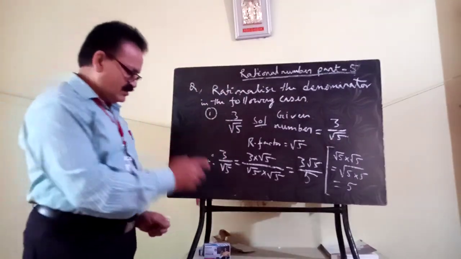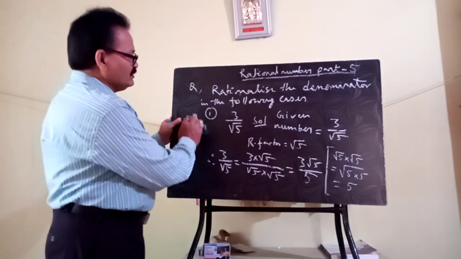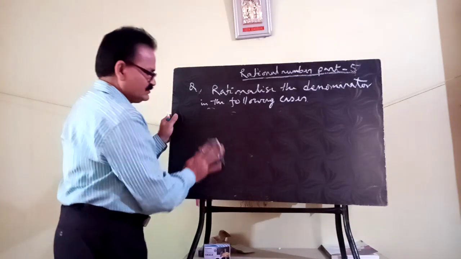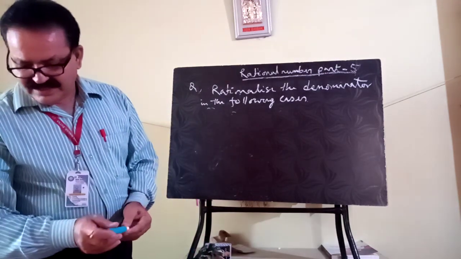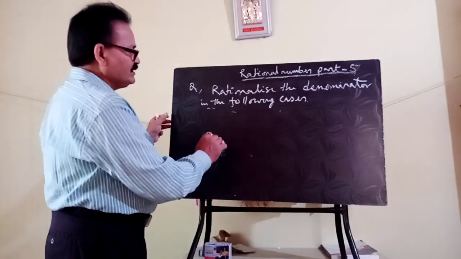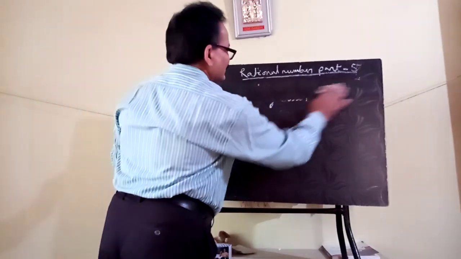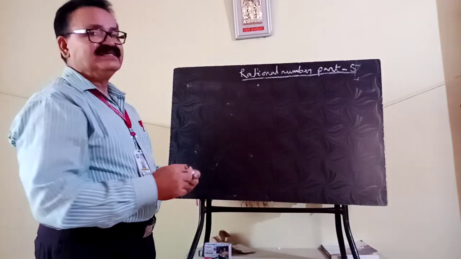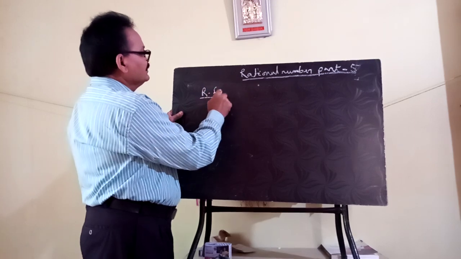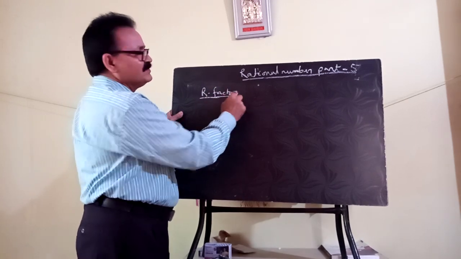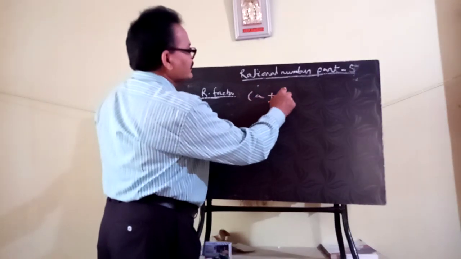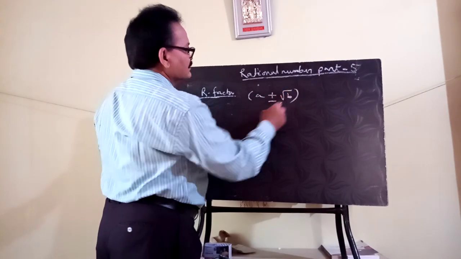You got it? Now I will show you another example. In general, the rationalizing factor, depending upon the question, may be a plus or minus square root of b.